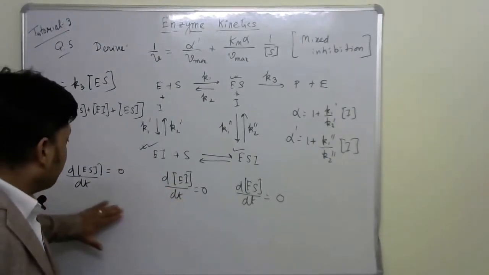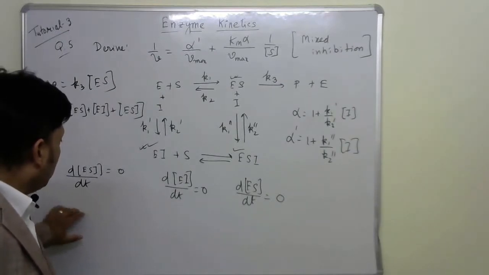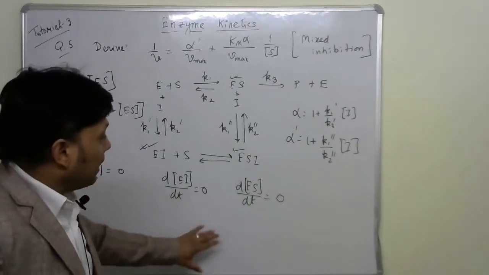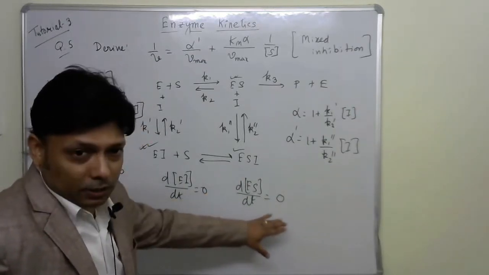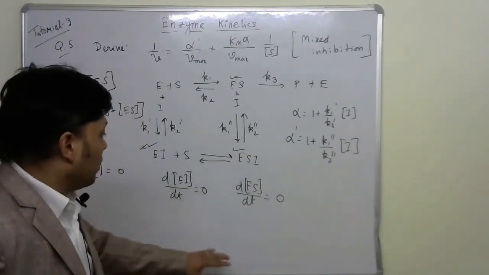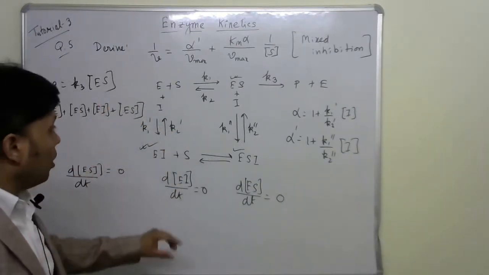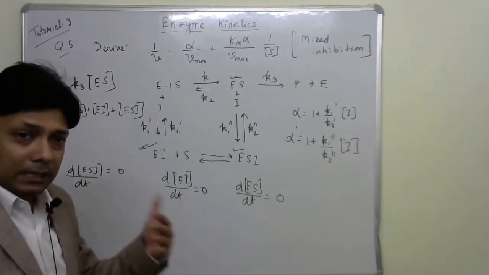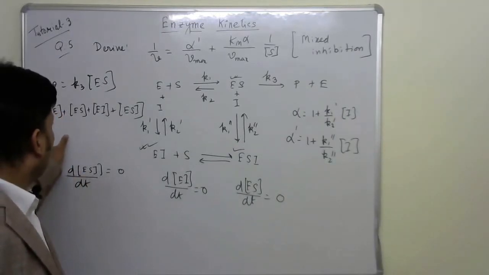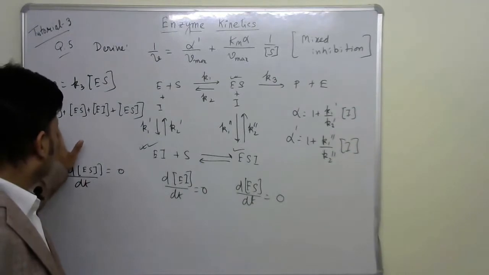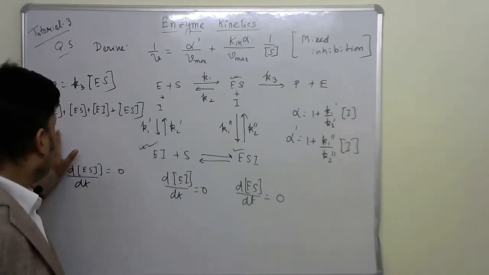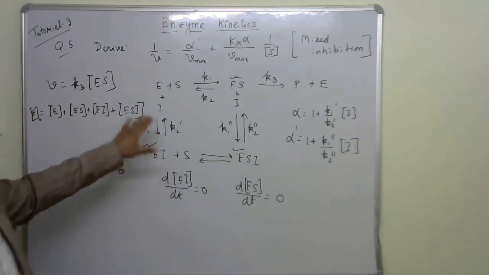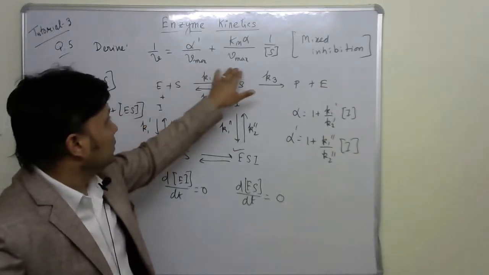So the trick is, we should derive dESI dt is equal to 0 first, and then dEI dt is equal to 0 second, and at the end we should find out the largest expression, that is dES dt is equal to 0, and then by following the exact same procedure we need to find out the expression for E in terms of some measurable quantities, that is E naught and something else. Finally if we find that expression for E, then you have to put it here, and then if you solve it and you take the double reciprocal, then you will be arriving at this form.